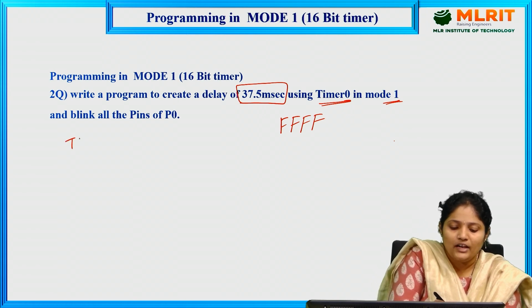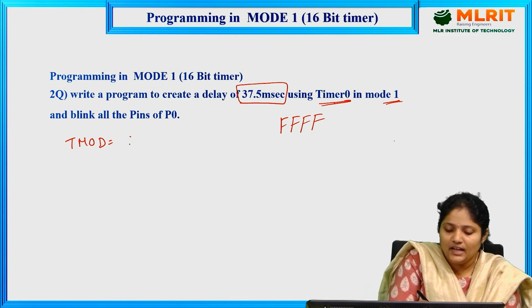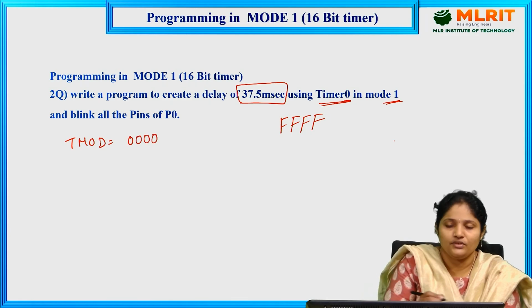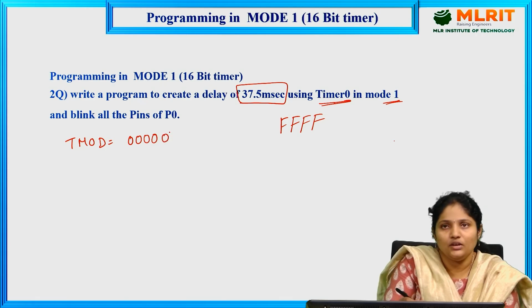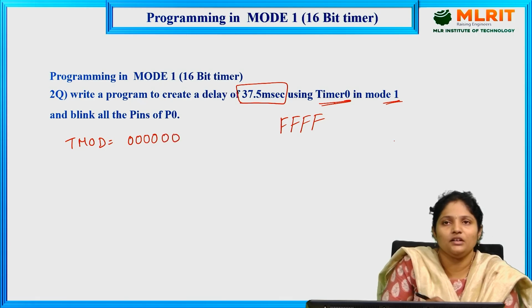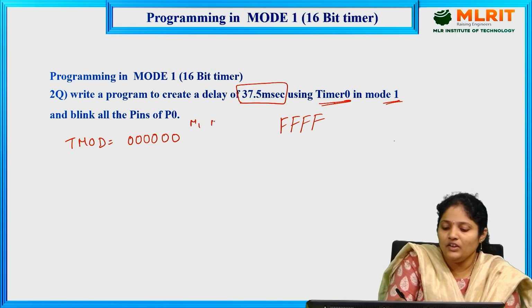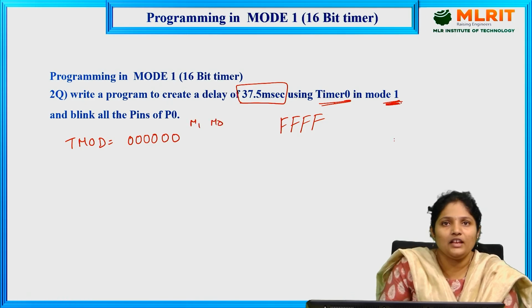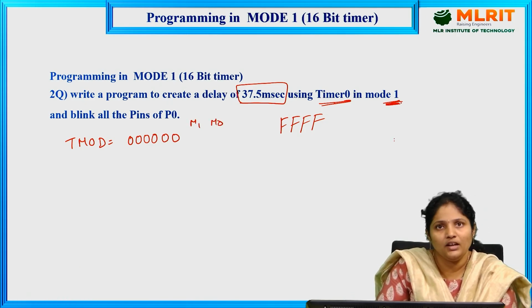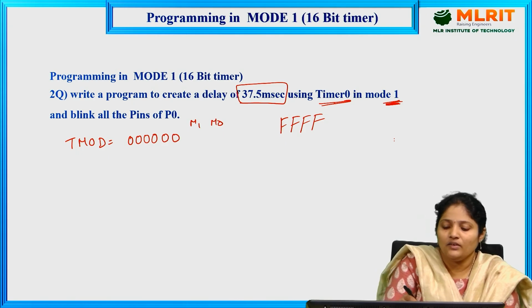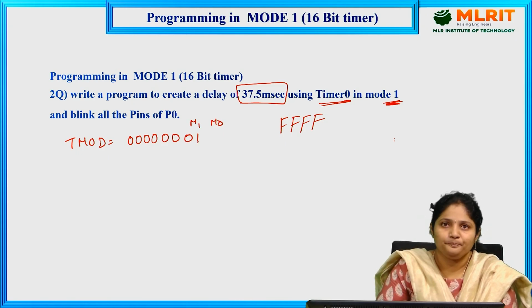So first of all, we need to find out the TMOD and TH, TL values. What is the value of TMOD? Here we are using timer 0, so all the timer 1 bits are four zeros. Now in timer 0, the first one is gate, which is 0, and we are selecting it as a timer, which is also 0. Next are M1 and M0. Here we need to select mode 1, so we need to load the values 0 and 1 into M1 and M0.